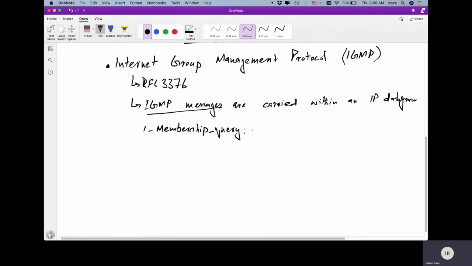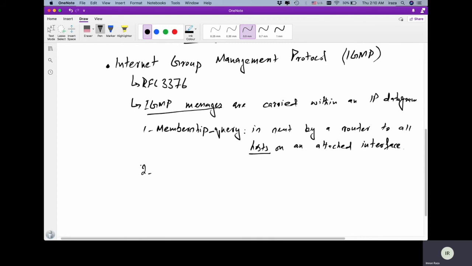And the purpose is simple. The router is interested to know how many multicast groups a host has associated with. Okay.